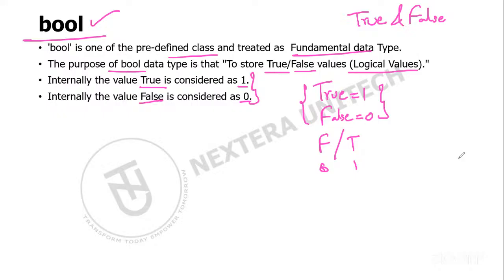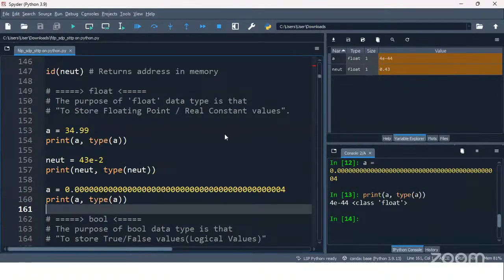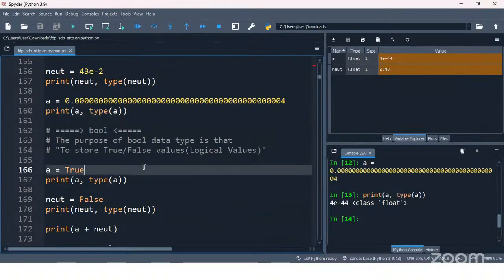Okay. Now, let us also focus on a few examples related to bool. What am I doing in line number 166? I want your responses. What are we doing in line number 166?